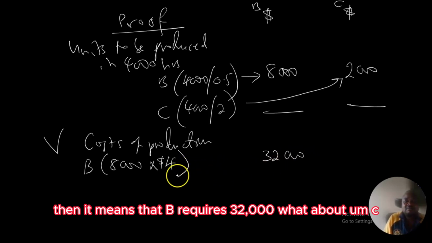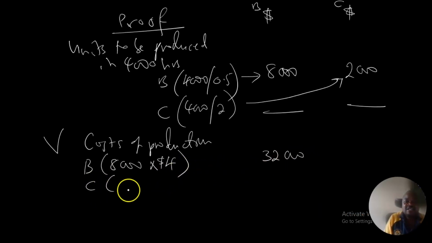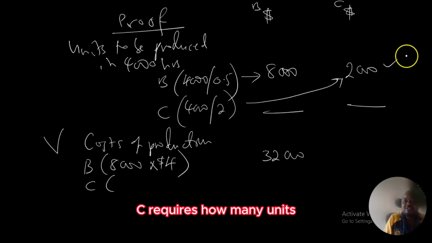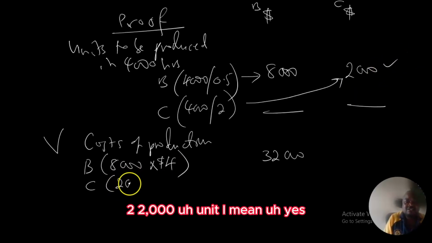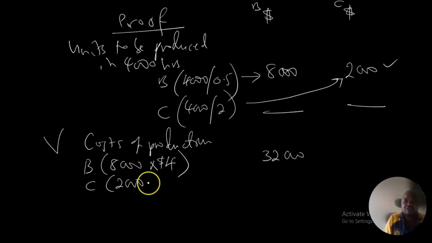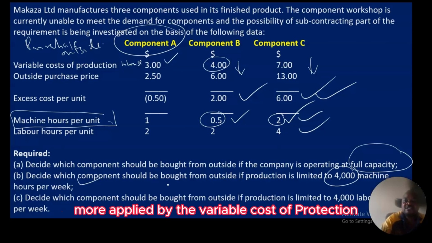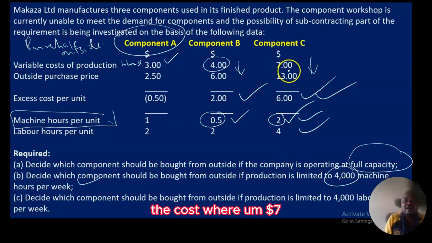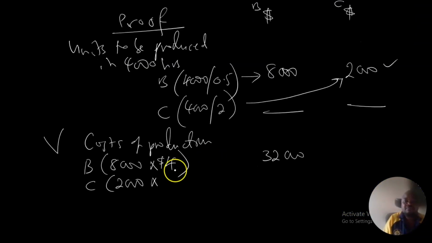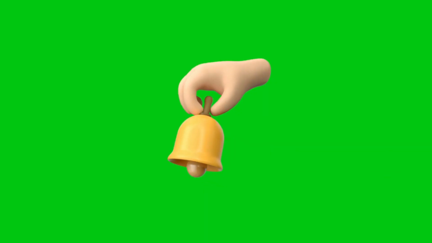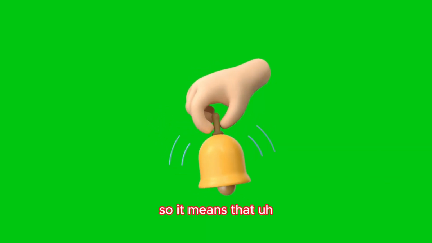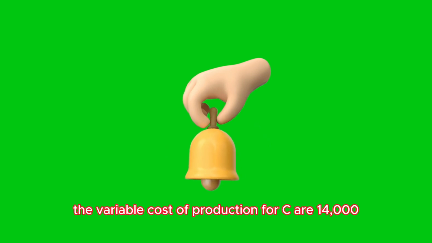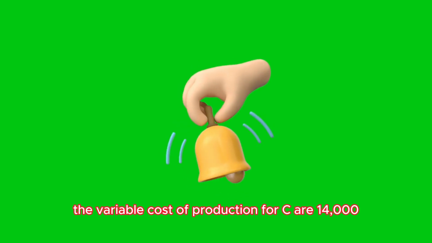What about C? C requires 2,000 units multiplied by the variable cost of production, which was $7. So the variable cost of production for C is 14,000.